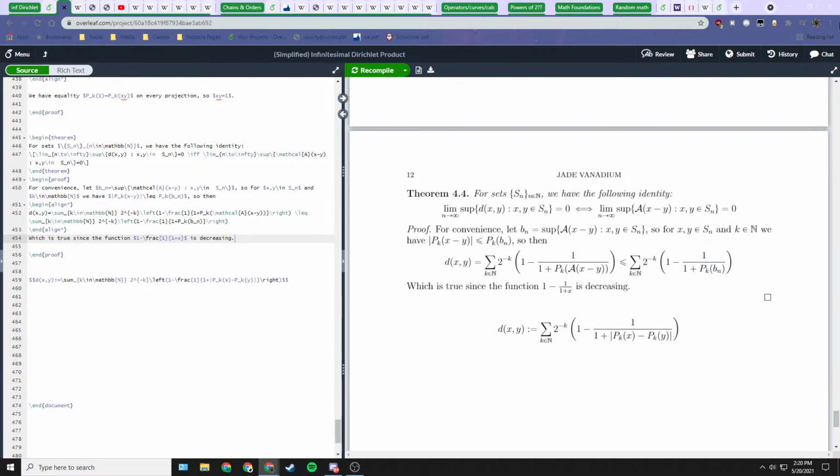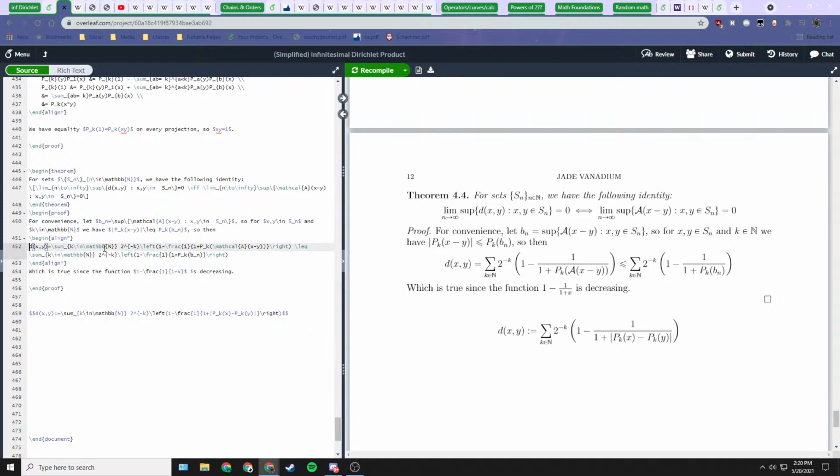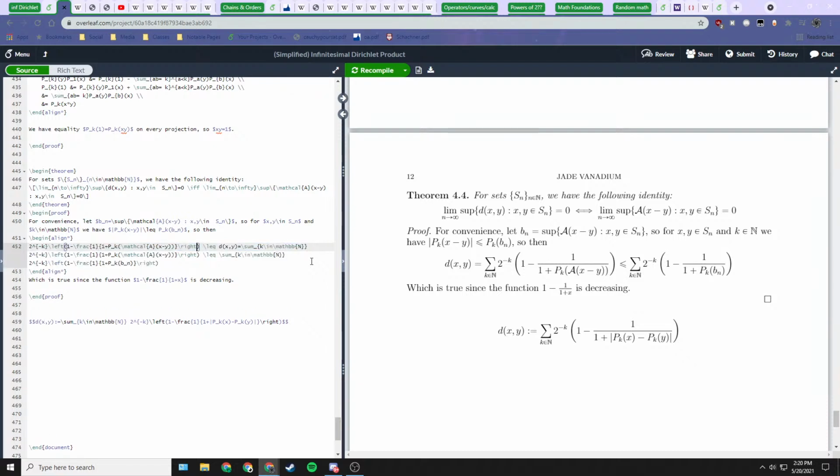The other way around is if we have our d sub n tending to 0, we want to put in a lower bound. So we'll do less than or equal to, and this is just any index. We'll just have some expression here, less than or equal to 2 to the minus k times this whole thing.